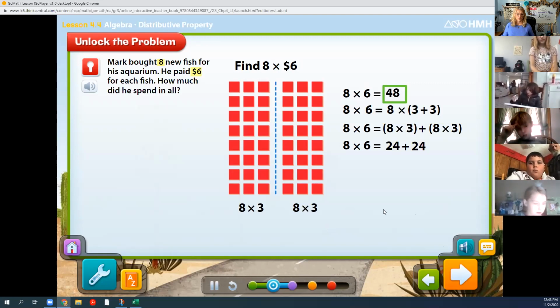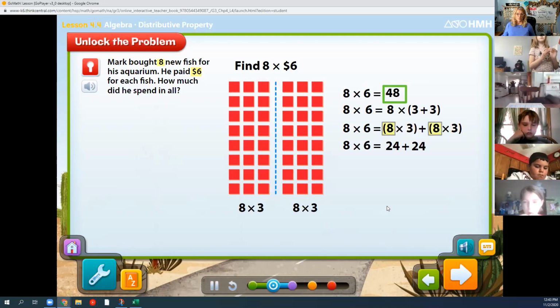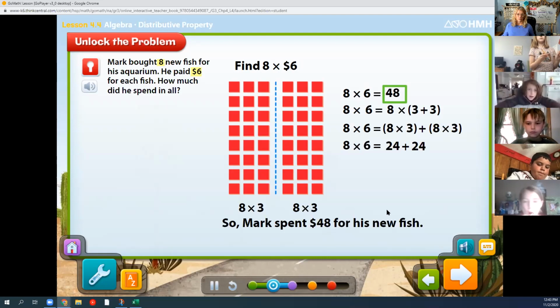You used the distributive property to solve the problem. The distributive property says multiplying a sum by a number is the same as multiplying each addend by that number and then adding the products. So Mark spent $48 for his new fish.